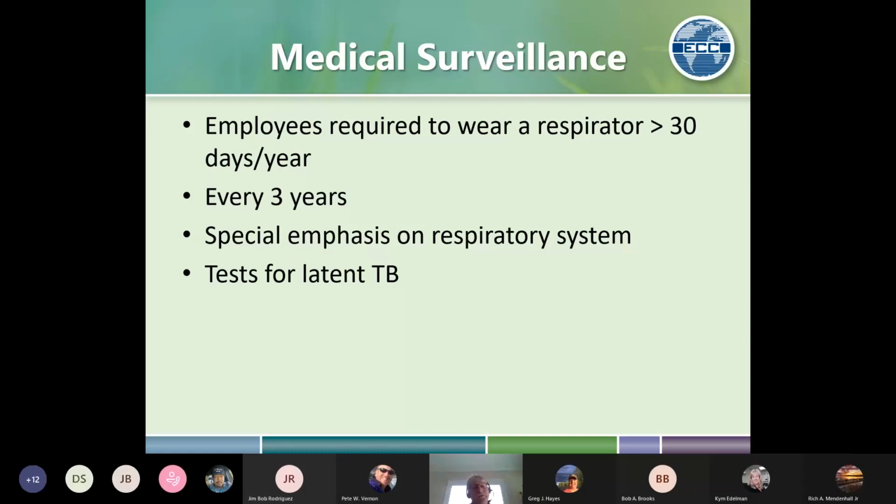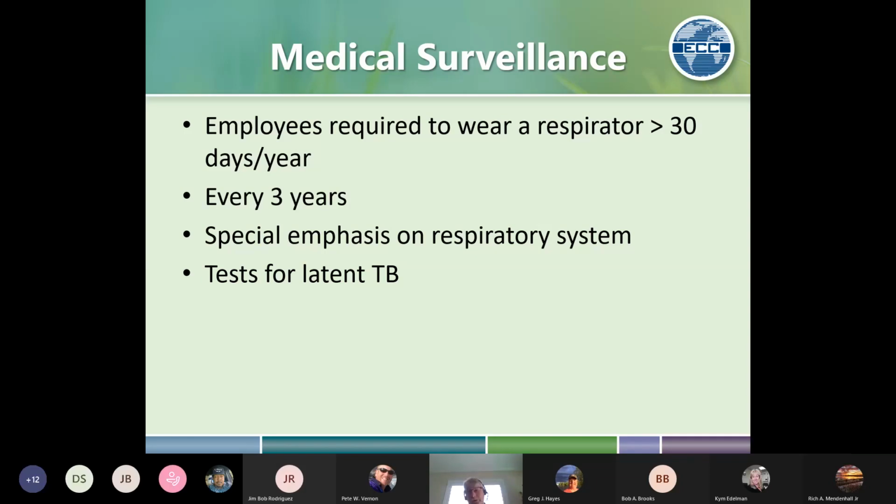The medical surveillance is required whenever somebody has an exposure or has to wear a respirator more than 30 days a year. And the medical surveillance under this standard is only required every 3 years. I know we're used to doing annual medicals, but because silica, for the most part, has such a long chronic type of progression, and it focuses on the respiratory system, you're not going to see changes in x-rays and pulmonary function on an annual basis, usually.